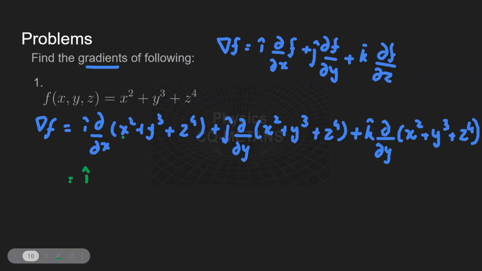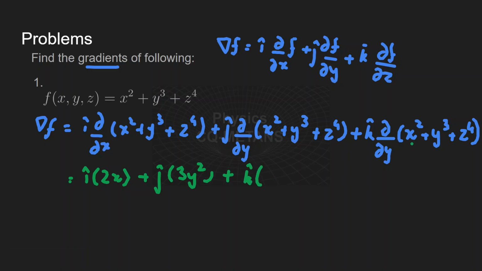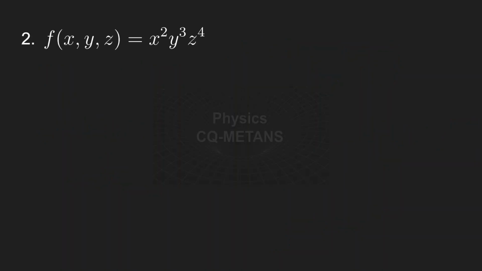This is a partial derivative with x, so only x gets differentiated, so this becomes 2x, plus j cap, and here it becomes 3y square, plus k cap, and this is z, so this is 4z cube, where we have used the formula d by dx of x raised to n is equal to n x raised to n minus 1. So this is the answer. Let us see more problems.